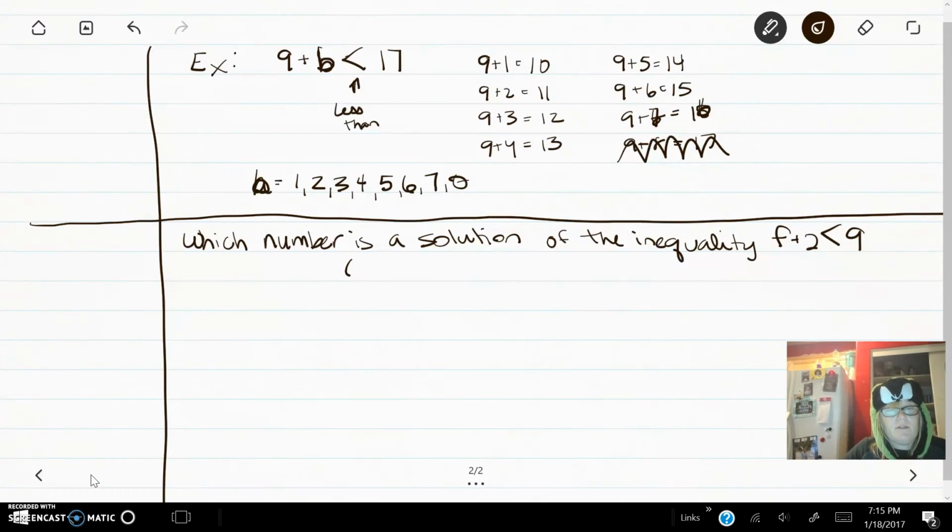Here are the numbers that they give us to try. Let's pretend those are bubbles we can bubble in.